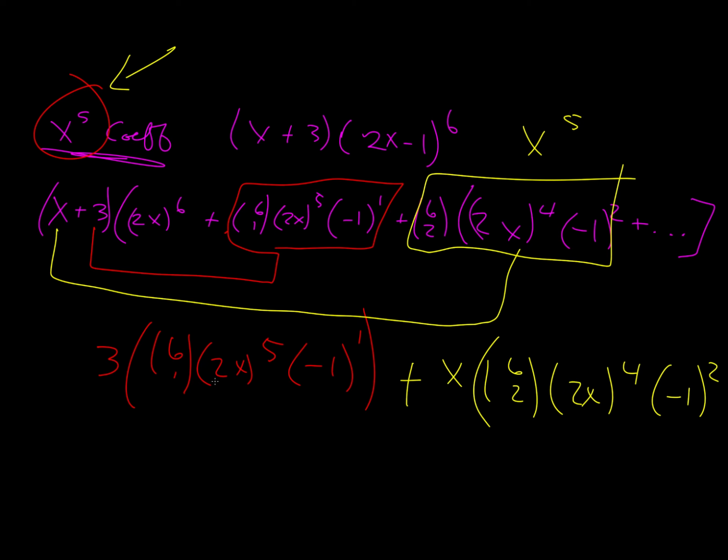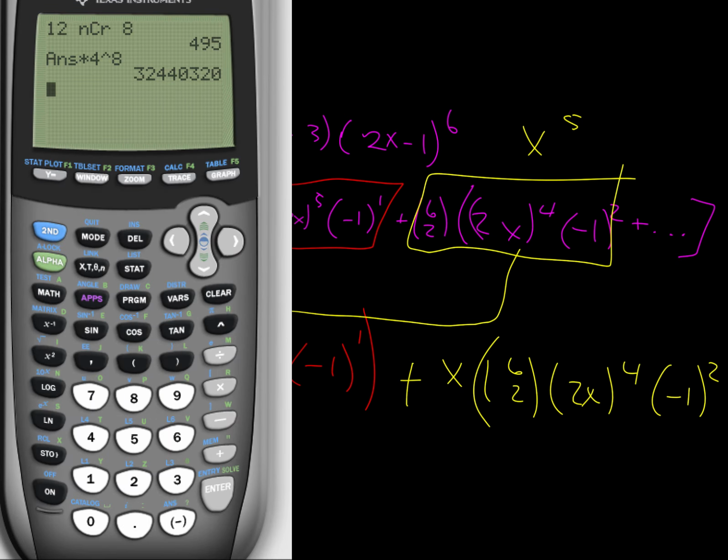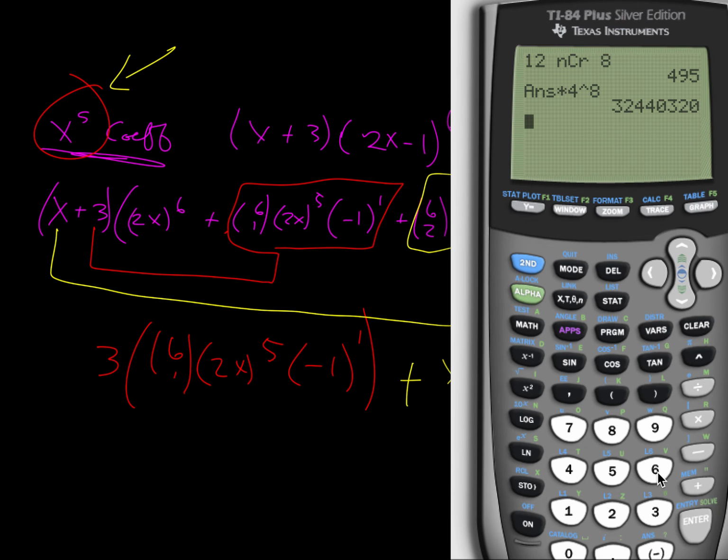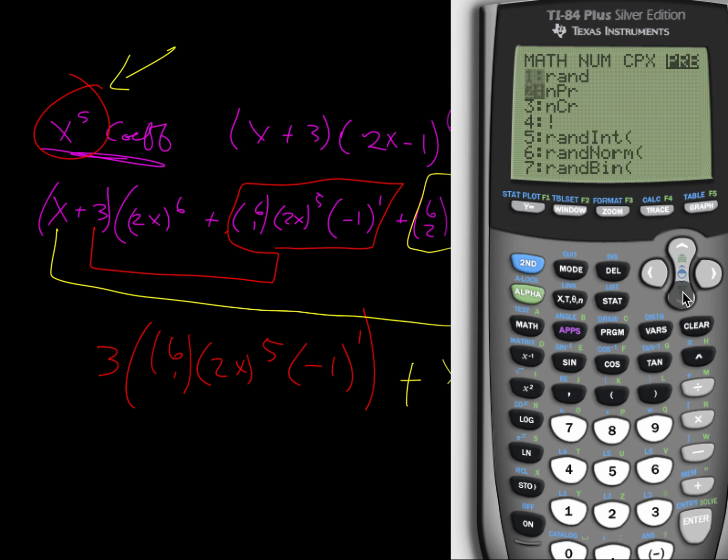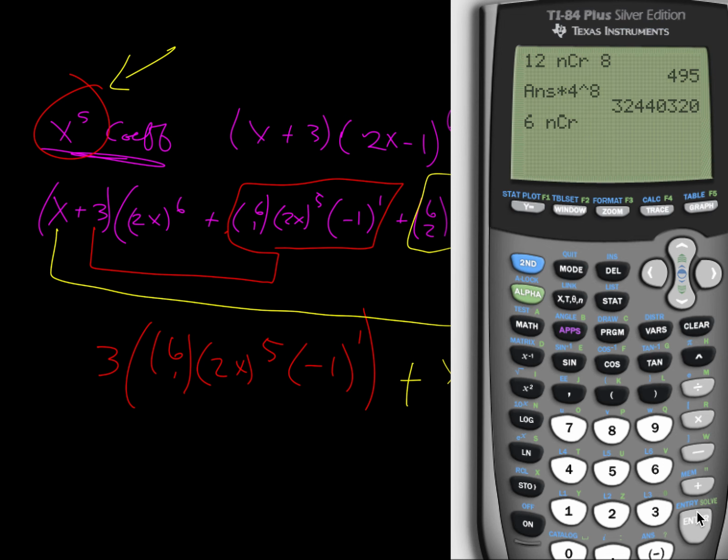So let's do some of these practice using this again. Okay. So try to think about what you think this is going to be. I just want to show you. 6, 1 is just 6.